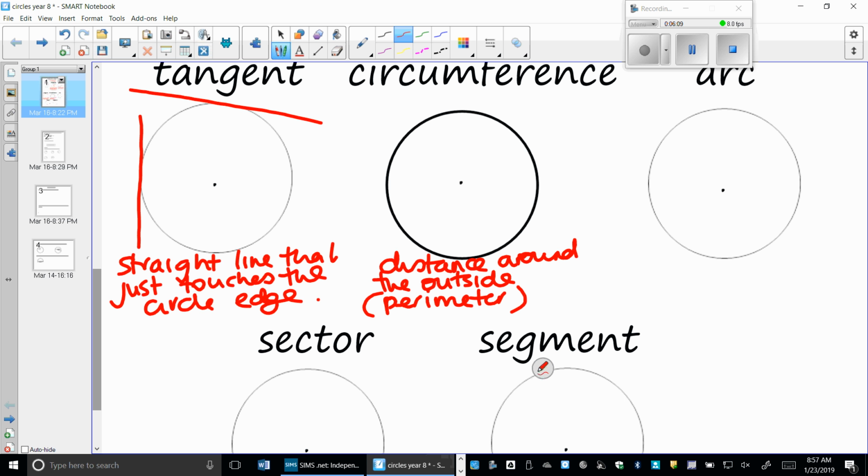It's just part of the circumference. So an arc is any part of the circumference. That little bit right there would be an arc. So an arc is part of the circumference. Good going, Brendo. That was well done using the other words to help describe it.